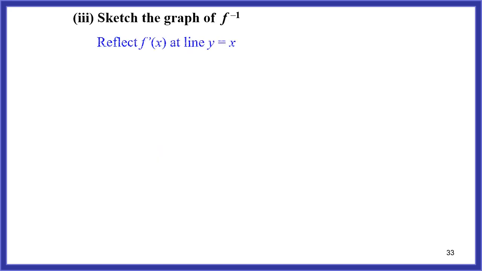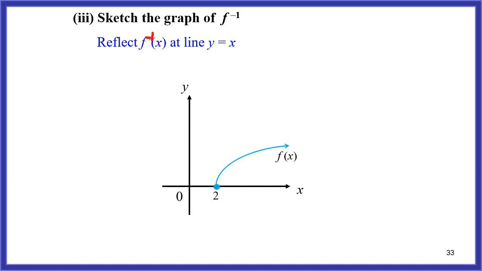Okay, now for the third one, to sketch the graph of f inverse, we can just reflect f(x) at the line y equal to x. So we have the graph of f already, so we just have to reflect at y equal to x. Or you can just sketch the graph of f inverse of x equal to x squared plus 2.